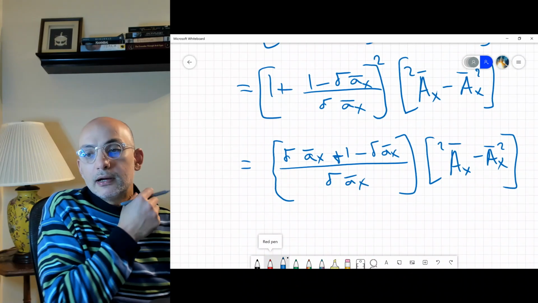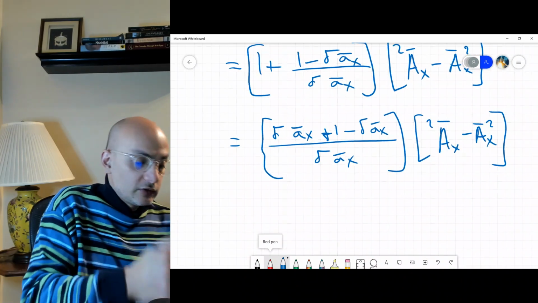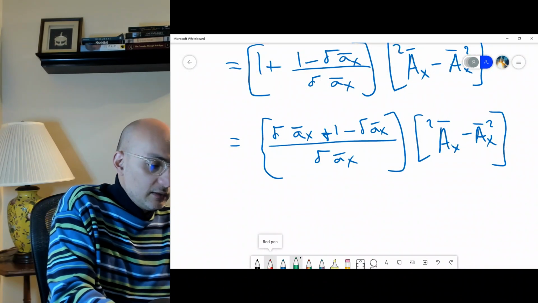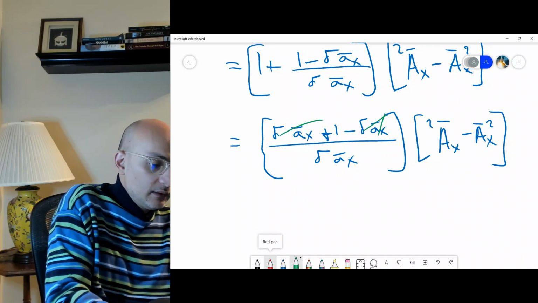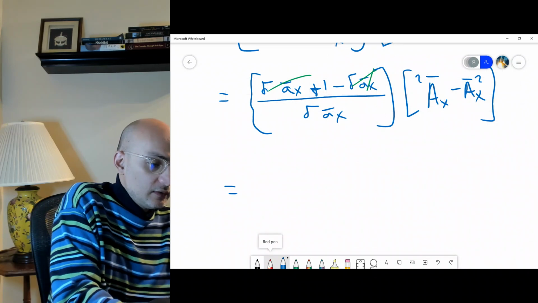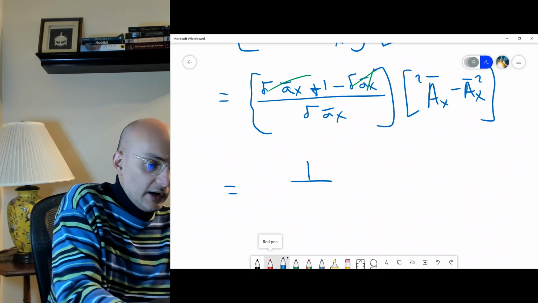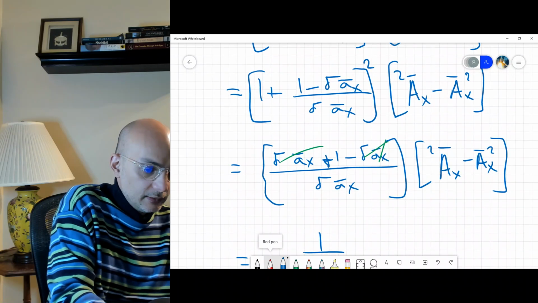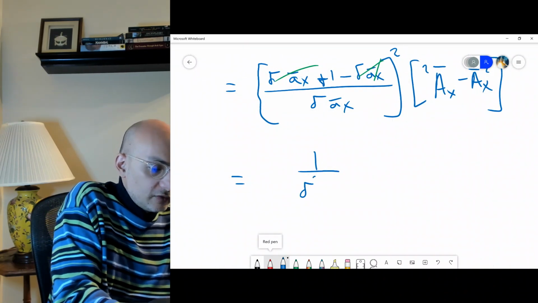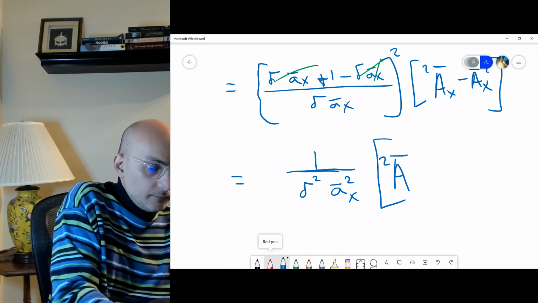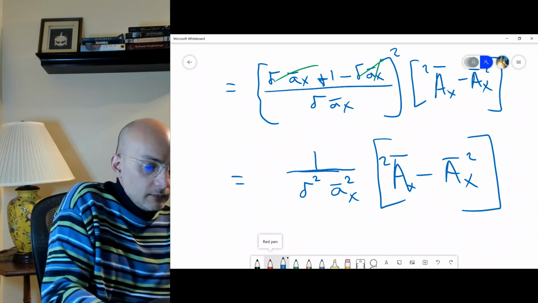Are you following me? Right? It's logical. So now we can cross out this one with this one. What is left here is 1 over, oh sorry, there is a square here, 1 over delta squared, A bar x squared, A to x, right?